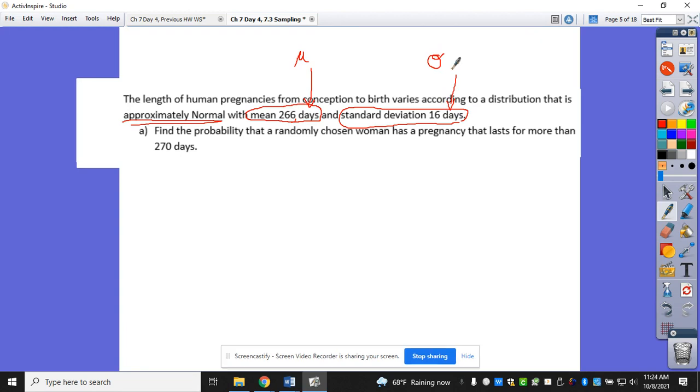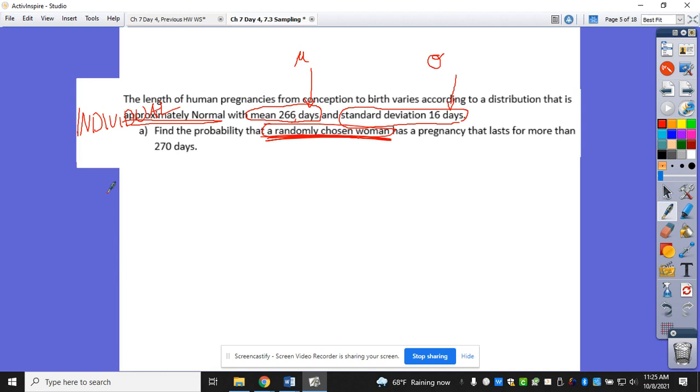So one thing I do want to write beside this is that it says find the probability that a randomly chosen woman. That is very, very specific and something that at this point you probably would not notice. So I am talking about an individual. This has absolutely nothing to do with Chapter 7.